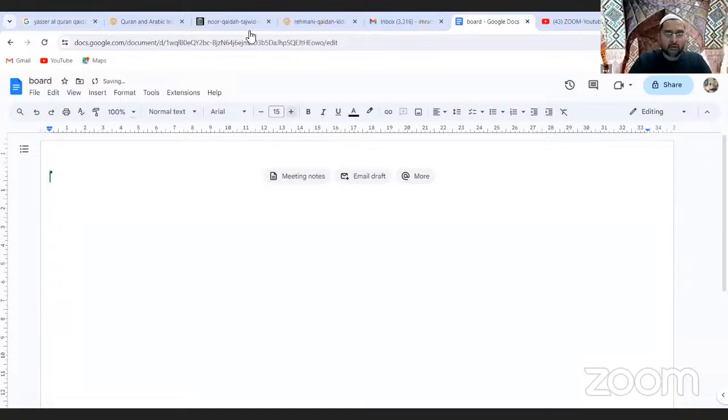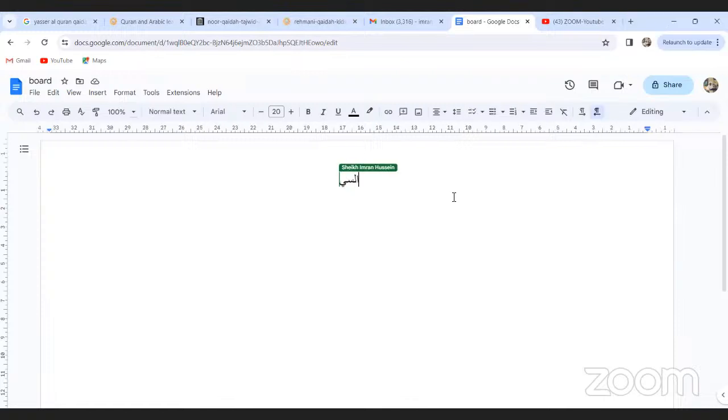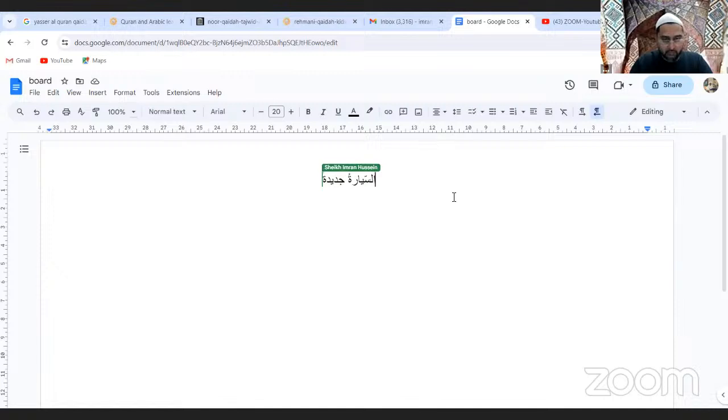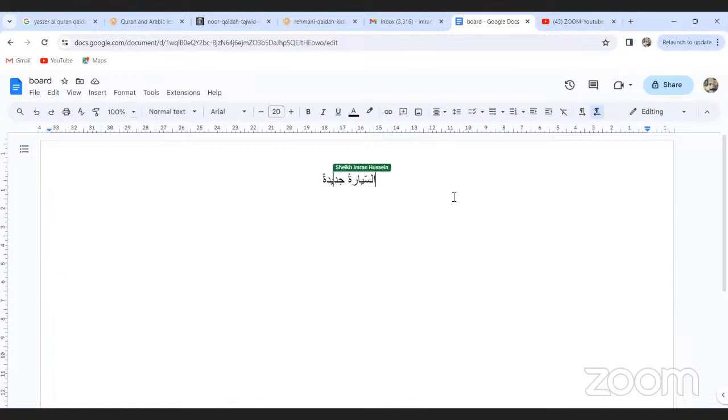Let me just make the font bigger. This is ta marbuta, right? Yes. I had to practice so much for this word.